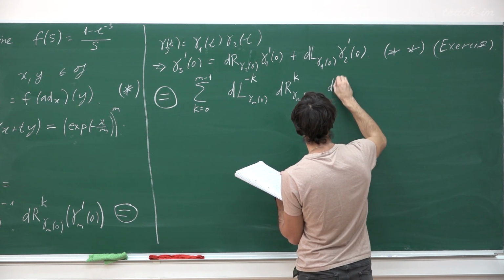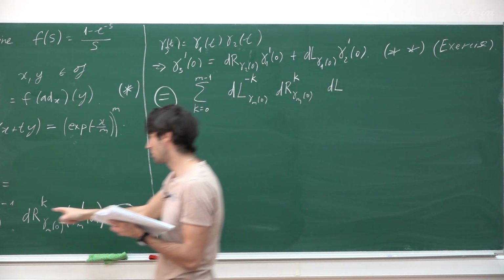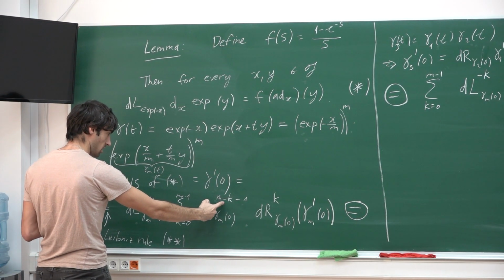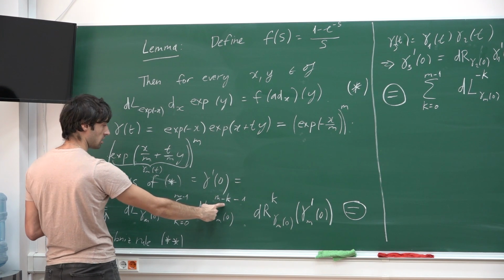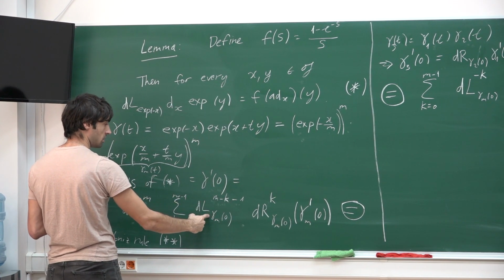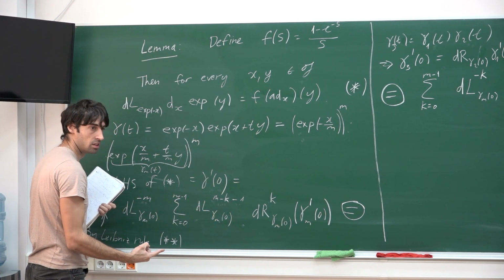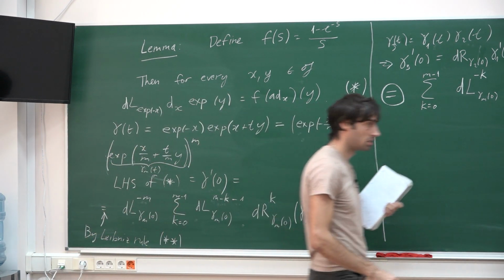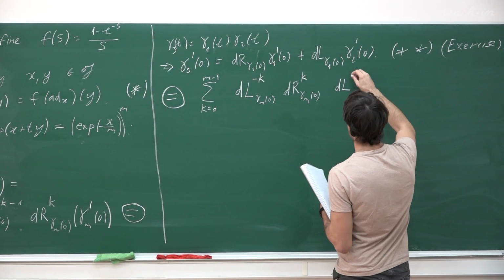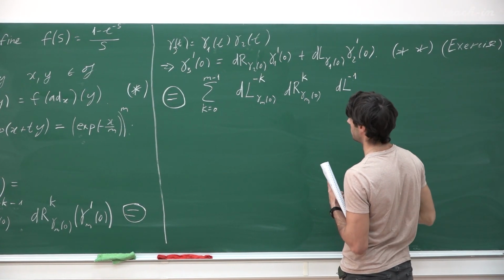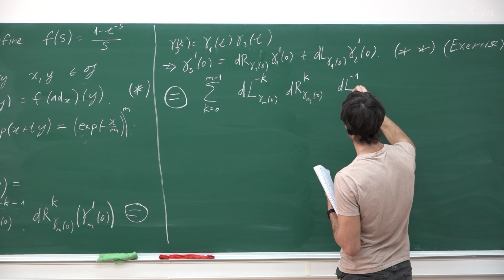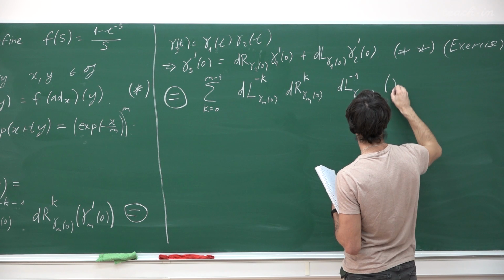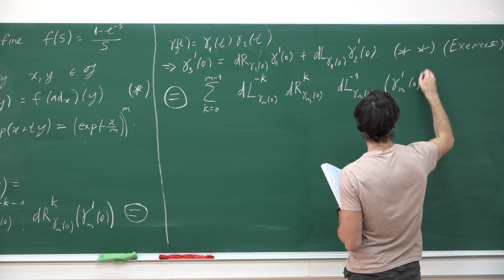And then dL, so this m cancelled with this one, and I have negative k there already, and left and right actions commute, so I can move one to the right actually. So therefore I have one inverse dL inverse on the left, and all this applied to gamma prime m of 0.